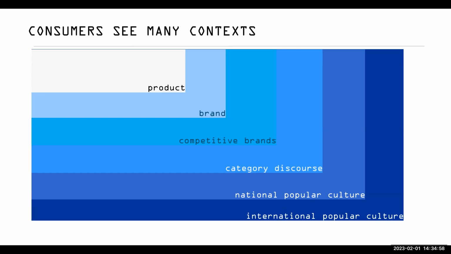Similarly, international popular culture. As a global phenomenon, there are certain characteristics about shampoo that have come up, and that is also playing a role. So when a semiotician is studying, they look at all these different lenses. That's how you see how the meanings are created: product, brand, competition, category discourse, national popular culture, and international.